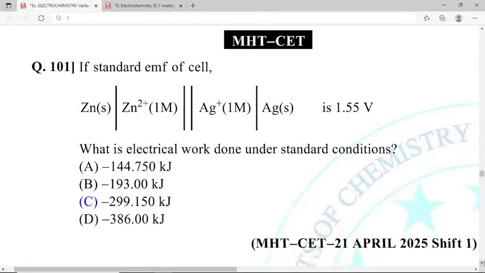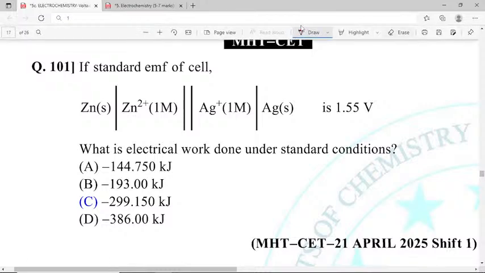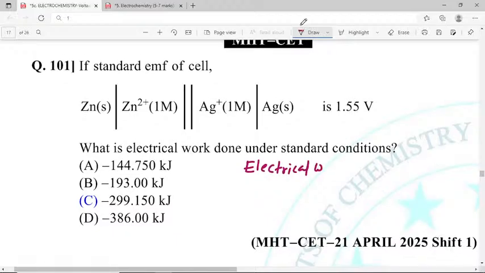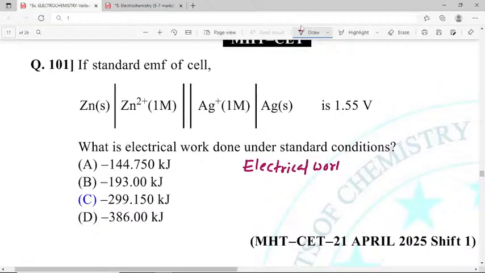Next question, solve it. This question is very important. What is electrical work? The standard cell potential is also given. Electrical work we have to calculate. So what is the formula? Electrical work is equal to minus NF into E naught cell.